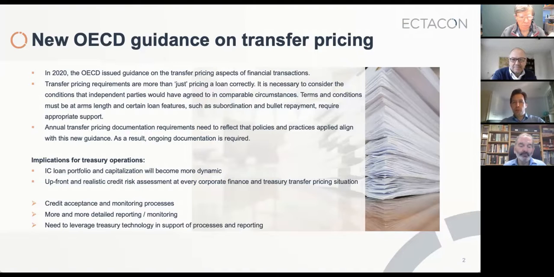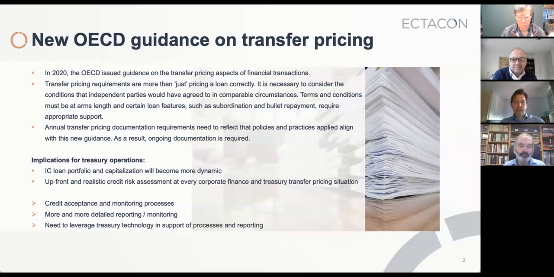Is this something you would do in practice? So it's not just the pricing that needs to be arm's length, but your terms and conditions must be arm's length as well. So if you need funds for 1 year, why would you give a 10-year loan? One of the impacts is also that certain loan features, such as subordination or bullet repayment, may require a bit more support than you would have provided in the past.